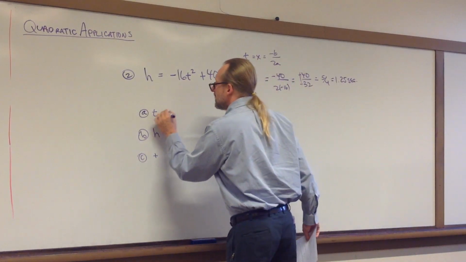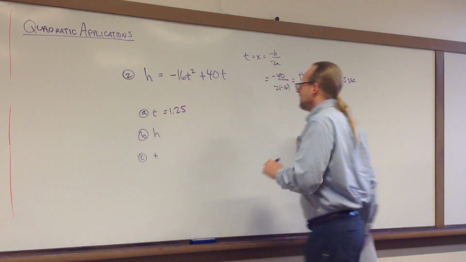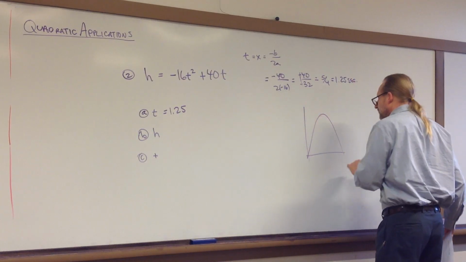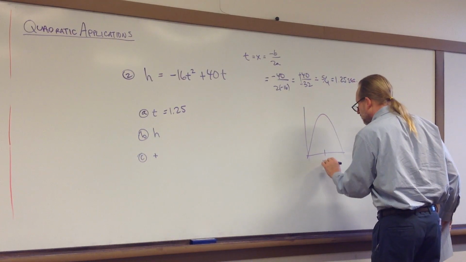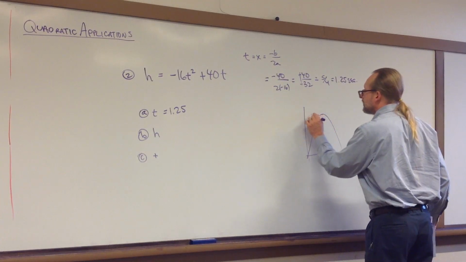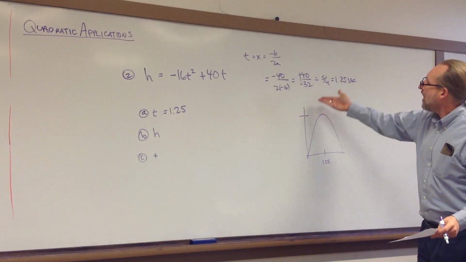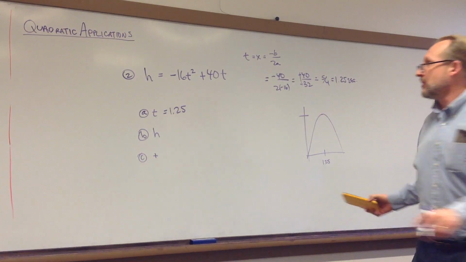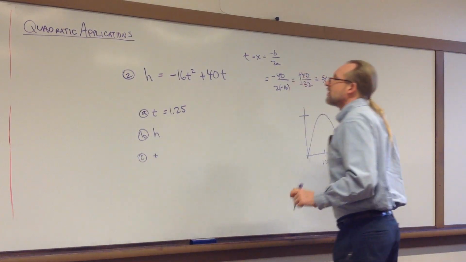So t equals 1.25 seconds. In the graph we were just talking about, that peak comes at 1.25 seconds. Now to find how high off the ground the ball is, we need to plug that into this formula.